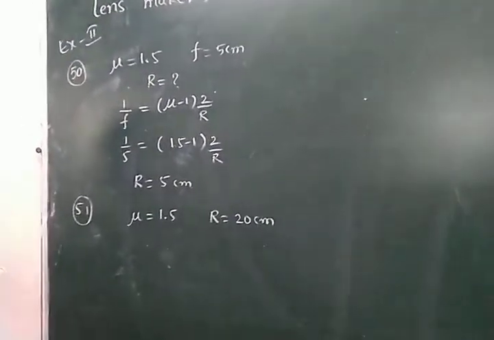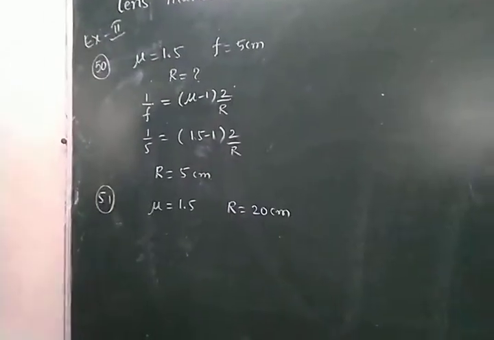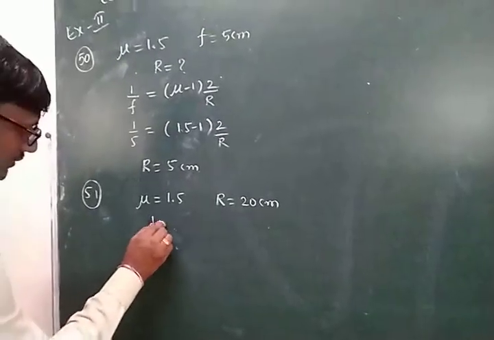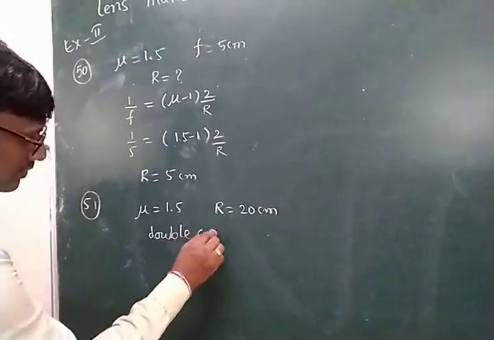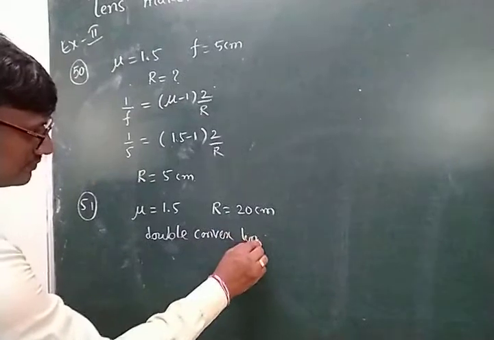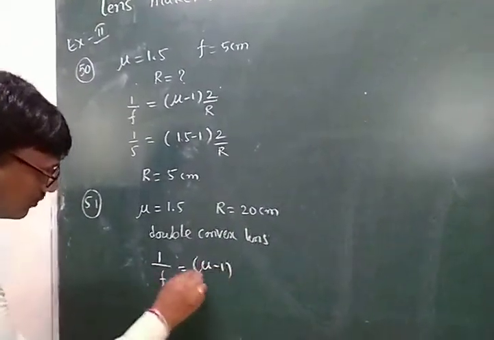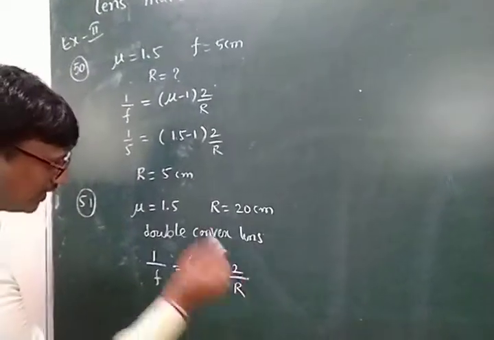That is nothing but the focal length. We know the formula for a double convex lens, 1 by f is equal to (nu minus 1) into 2 by r.